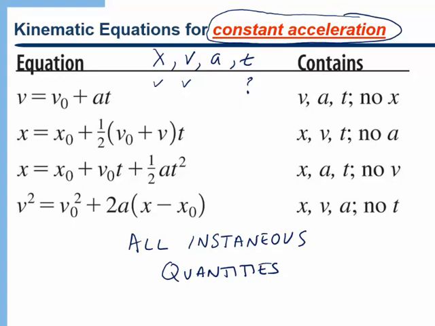Well, first of all, if you only know x and v and you want to know t, we don't want to choose any equation that has an a in it because you don't know a either. But now look at this equation. We have x and v and t. So since we know x and v, we should be able to solve for t. And that's the way you pick what is the correct equation to use. So it's all about identifying what you know and what you don't know, and then picking the equation that only has one variable whose value you don't know.